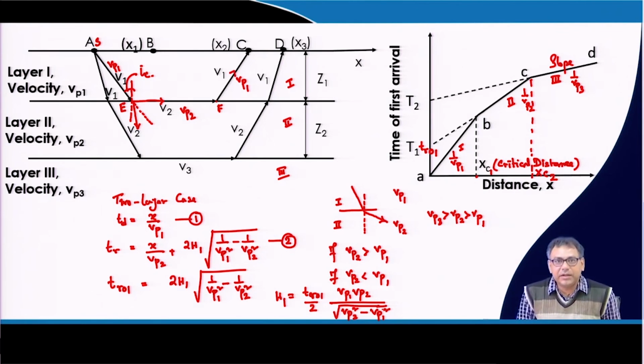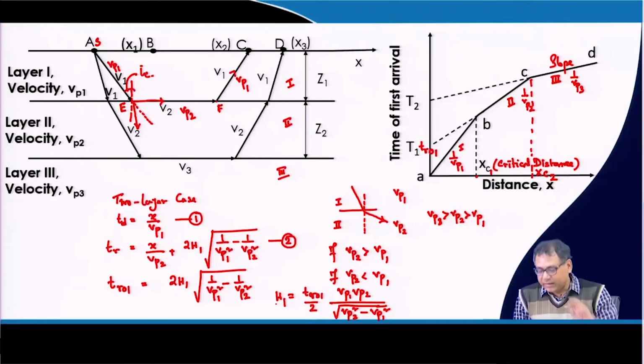Okay. So, this equation we can use and we can get the expression of h1. This way we can get the thickness of the first layer. So, the slope will give us the velocity of the corresponding layers, and if I put in the velocities and I know Tr01 from the graph, then I will get the h1 thickness.